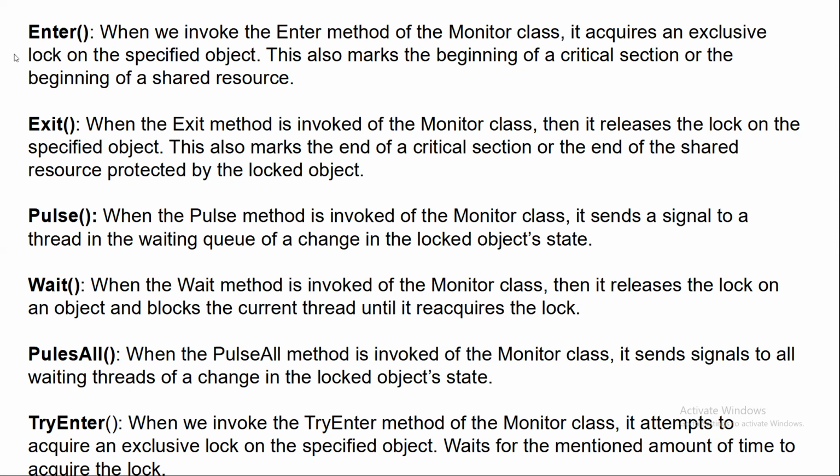Because normally, if you try to access Enter and some other thread is already locking the code, it will simply come out of this method, saying I'm not able to allocate the lock, I'm sorry. But in the TryEnter method, if it is not able to gain the lock on that particular piece of code, it waits for whatever time you define within the method before it says, no, I'm sorry.